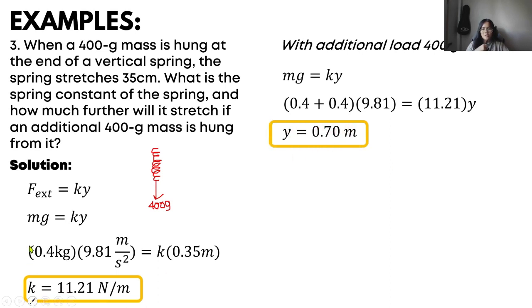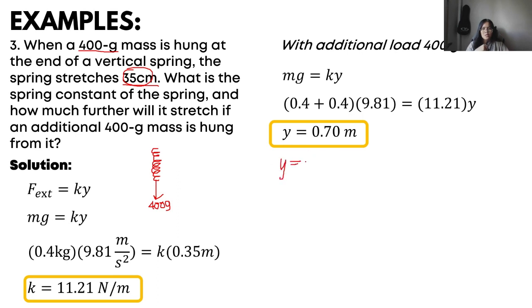Or pwede mo rin namang gawing solution na since sa 400 grams, nag-stretch siya ng 35. O ilan ba yung nadagdag? 400 ulit. O di times 2 mo lang yung 35 cm, makukuha mo na yung 0.70.